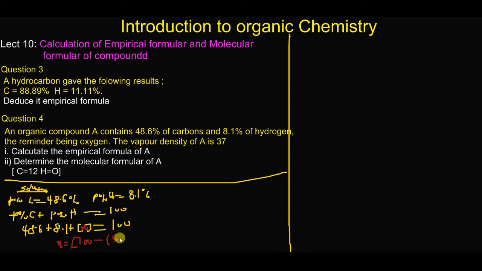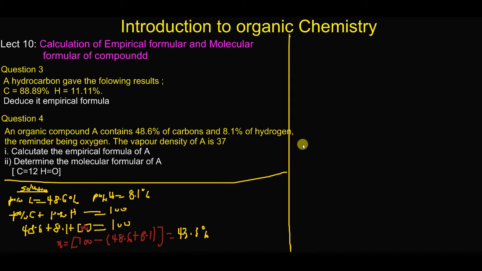So your calculator can give you the answer within a minute. 48.6 plus 8.1, and when you do that, you are going to get 43.3%.